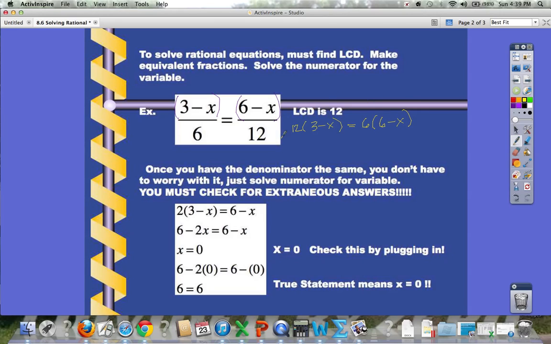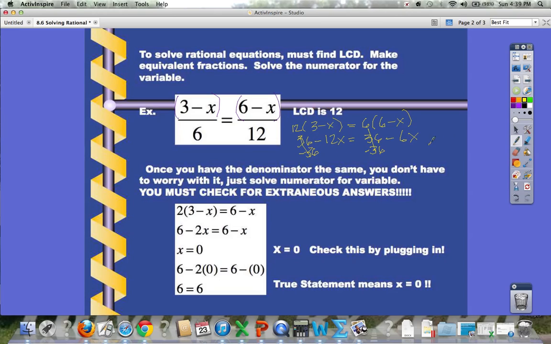When you multiply, you're going to get 36 minus 12x. Does that equal 36 minus 6x? Okay? So when we subtract and move things around, you're going to subtract 36. Okay, that's gone over there and that's gone over there.